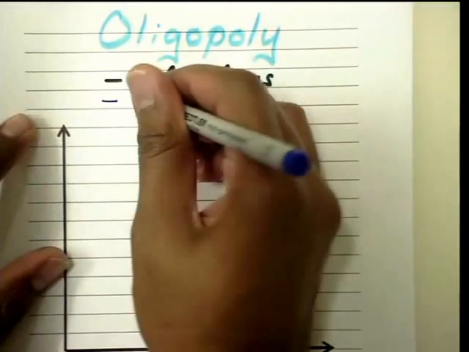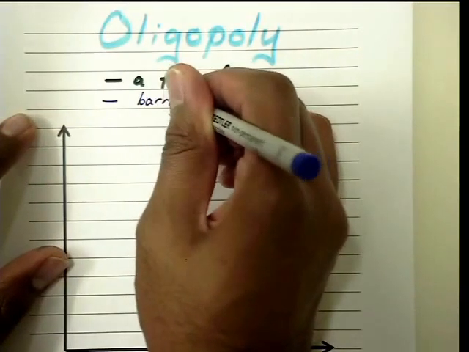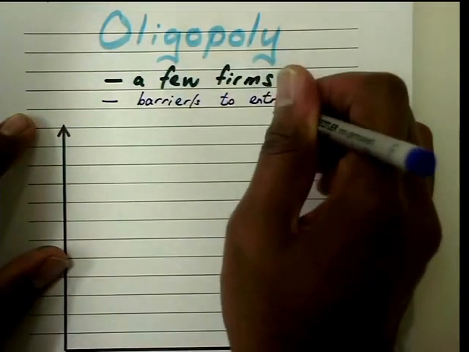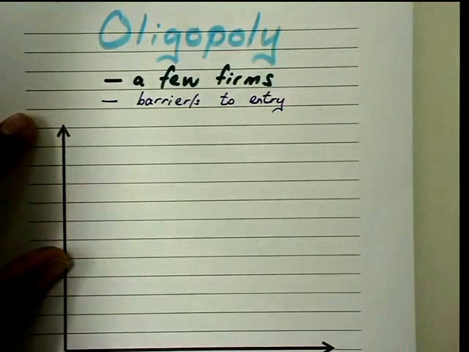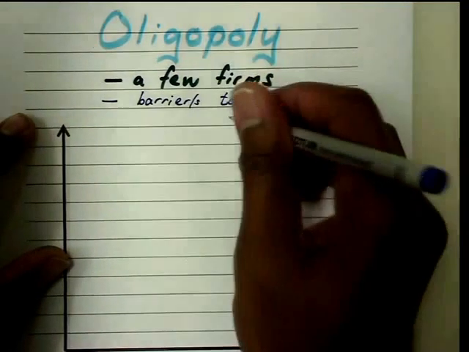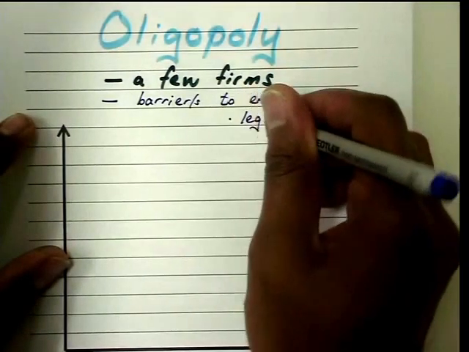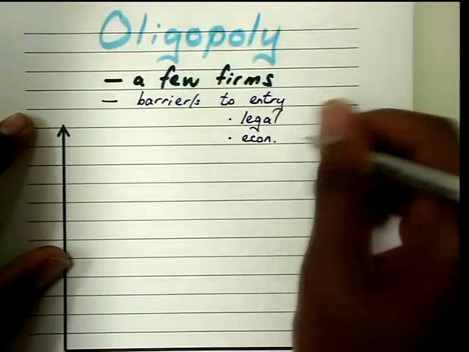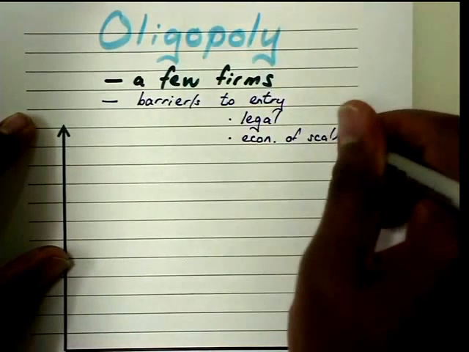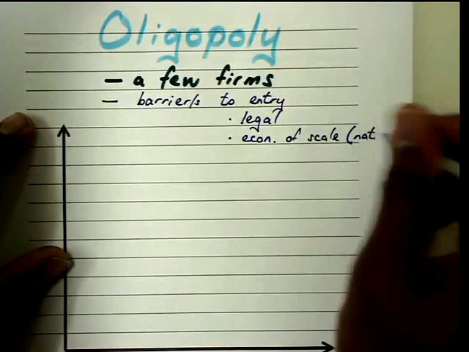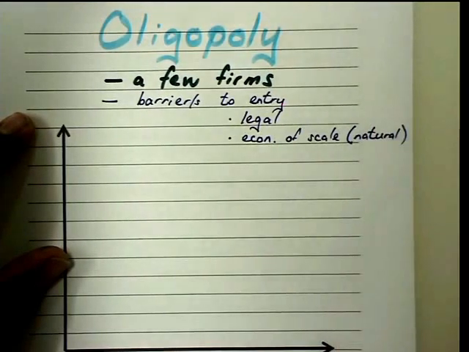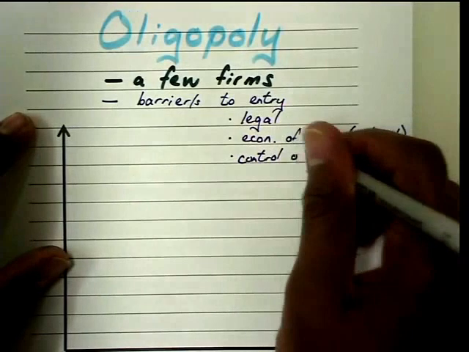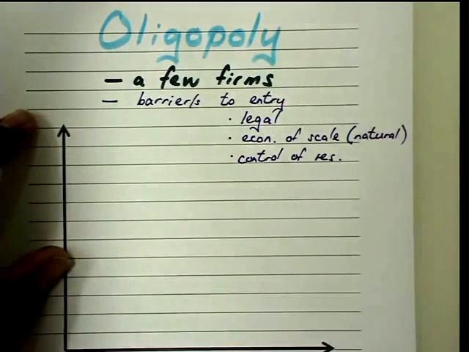Because there's some sort of barrier to entry. The same barriers to entry that apply to a monopoly: they could be legal barriers to entry, they could be economies of scale, also known as natural barriers to entry, or a control of resources based barrier to entry.